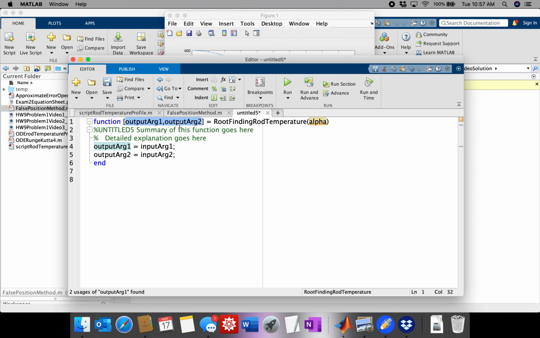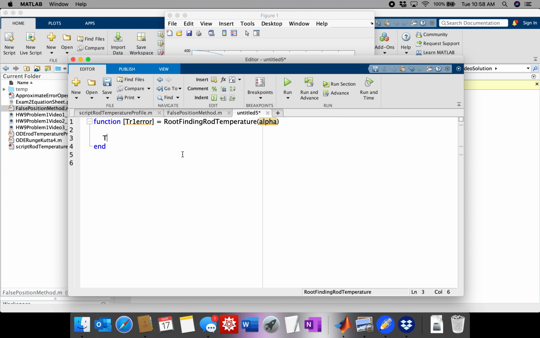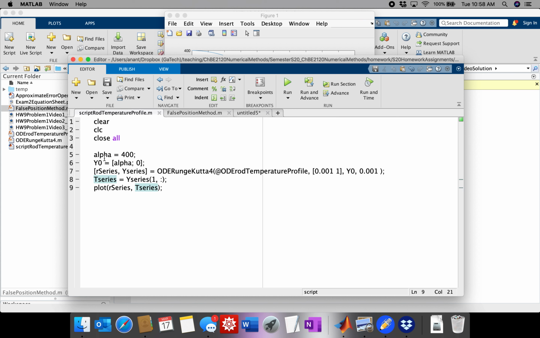Then I'm going to call this TR1 error, with a capital E here, and it is going to be T series end minus 300. We have to actually calculate the T series, and we can pretty much use the code that we have from the script.